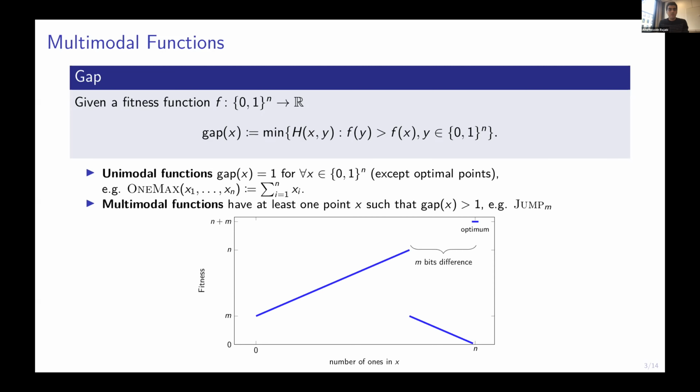Like jump functions, this function for m at least 2 is multimodal and has a local optimum with gap size of m at the set of points where the number of 1 bits is n minus m. So in order to overcome this local optimum, m bits have to flip simultaneously.